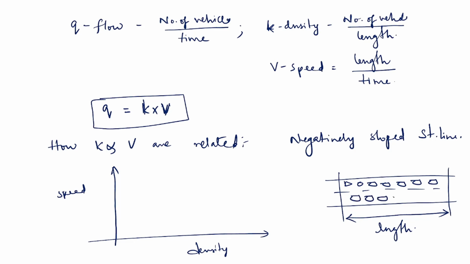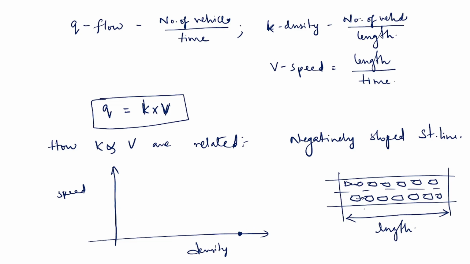When the density is very high, vehicles may not be able to move. Sometimes the speed of the vehicle may be zero. So ideally, when the density is maximum, the speed of the vehicle may be zero. Let us take this point: speed of the vehicle is zero, density is maximum.